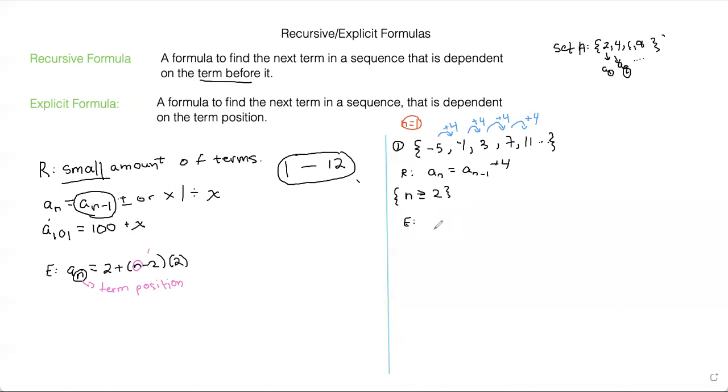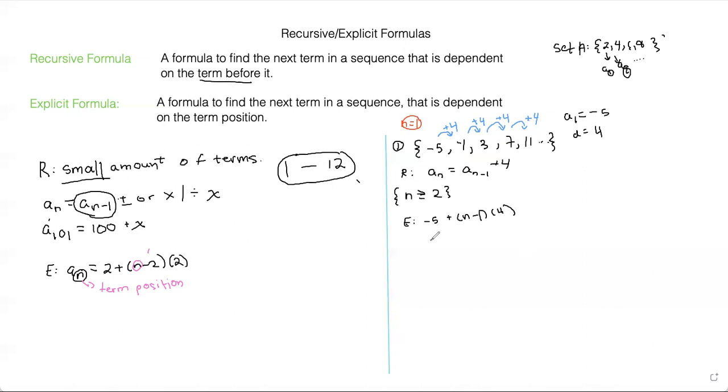So we know that since this is an arithmetic sequence, the common difference is equal to 4. Since a_1 is equal to -5, remember always write out your first term. And d is equal to +4. We're going to write out our formula: a_n = -5 + (n - 1) times 4.